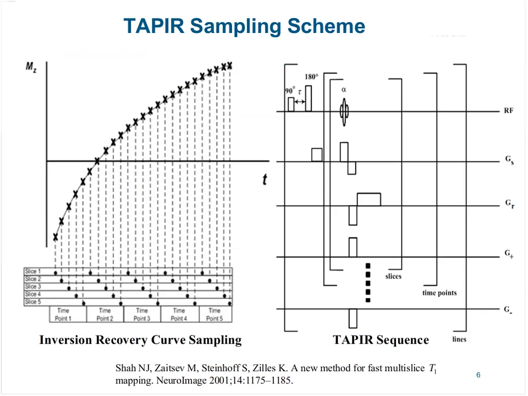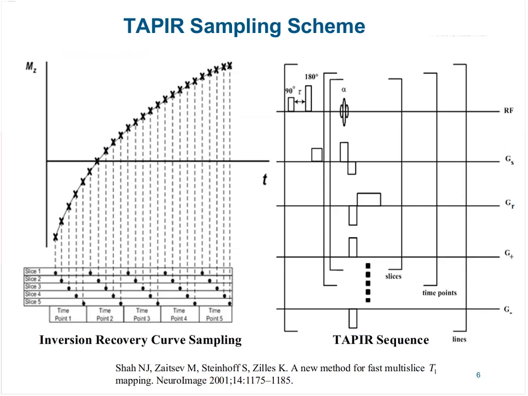So this is the basic sampling scheme which TAPER uses, and this is the inversion recovery curve schematically shown. First I want to emphasize how this inversion recovery curve is sampled. Let's suppose we have 5 slices, and for each slice 5 time points are to be acquired.